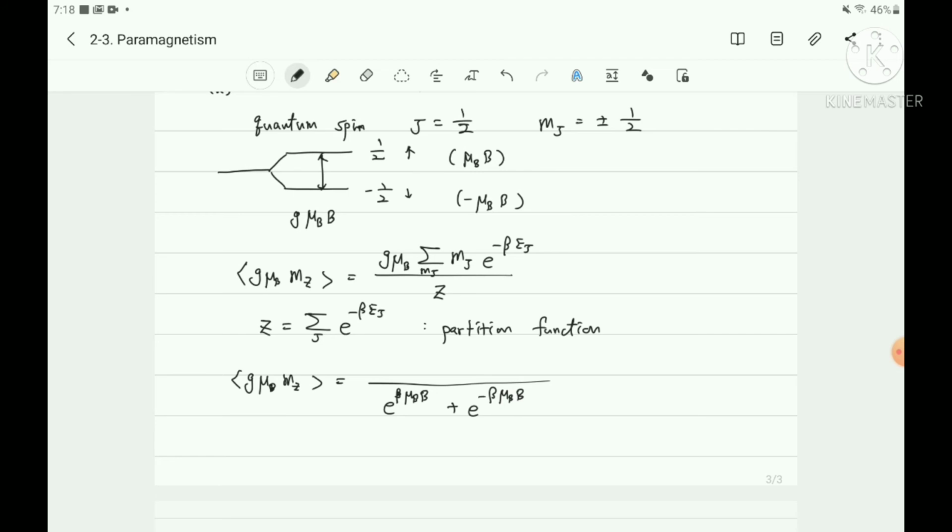In the numerator, mJ is 1/2 and g equal to 2 cancel with each other.